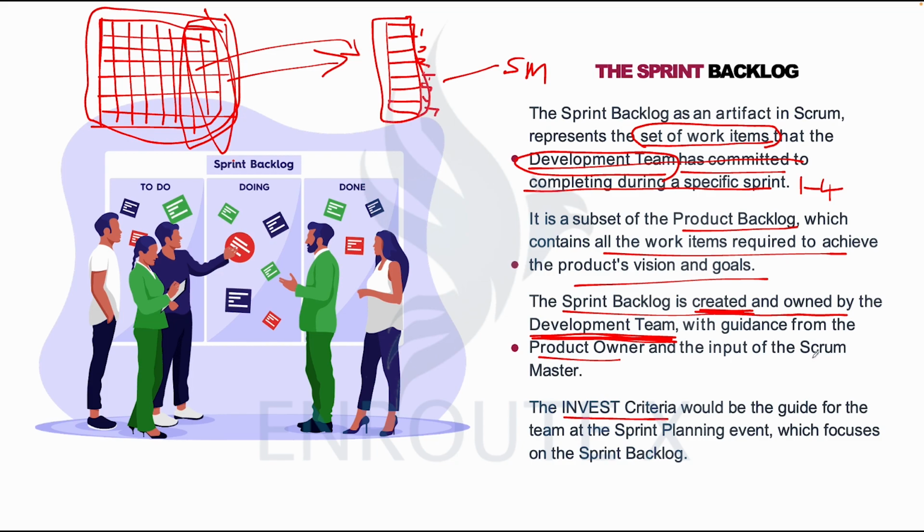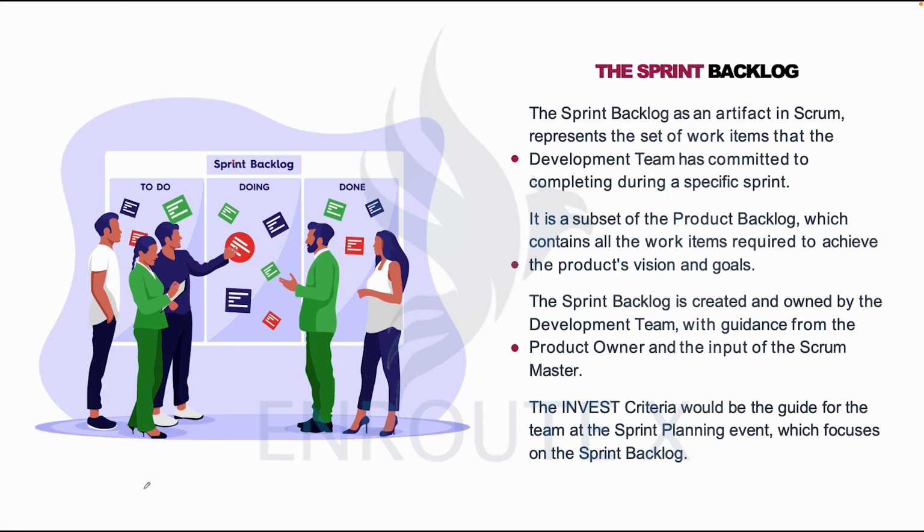And the Scrum Master is there to support them, making a flow in Scrum, ensuring that Scrum is adhered to in delivering that particular work. Then the INVEST criteria would be the guide for the team at the sprint planning event, which focuses on the sprint backlog.